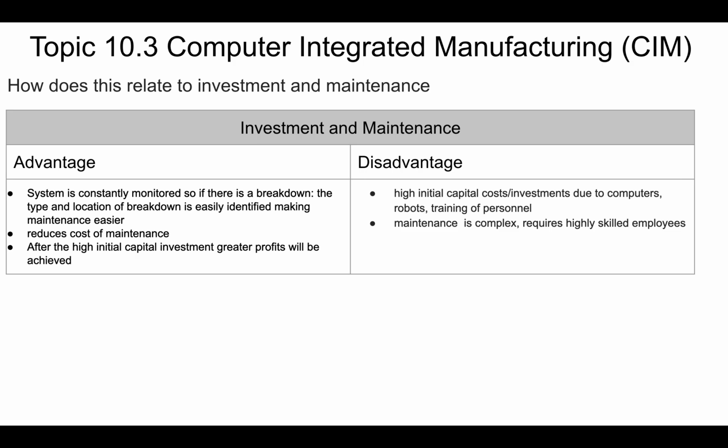Cars are so computerized today that you need more or less a computer technician to tell what's wrong with a car. You can't just have somebody who can take the car apart and figure out what's wrong, so the maintenance is much more complex. Those are the main advantages and disadvantages of the investment in maintenance, and this is something that the IB also wants you to know.